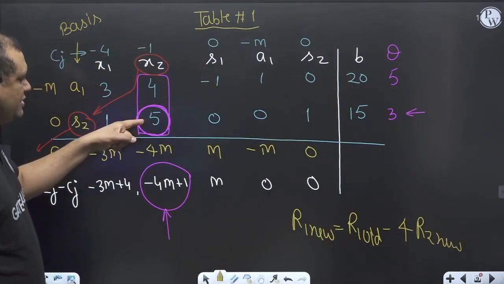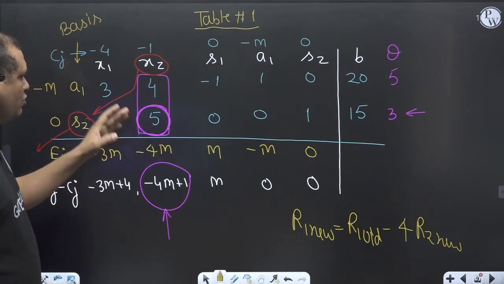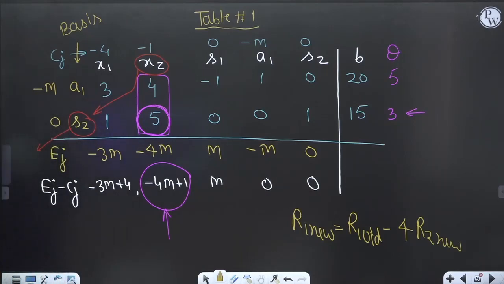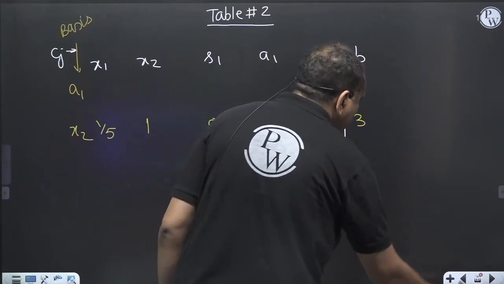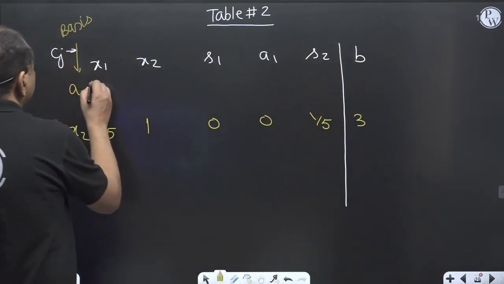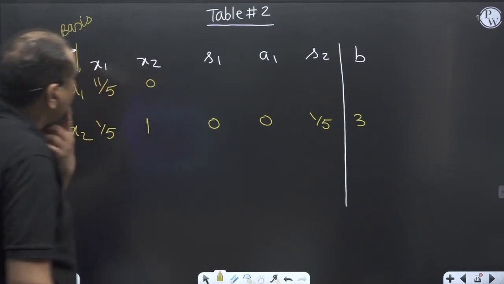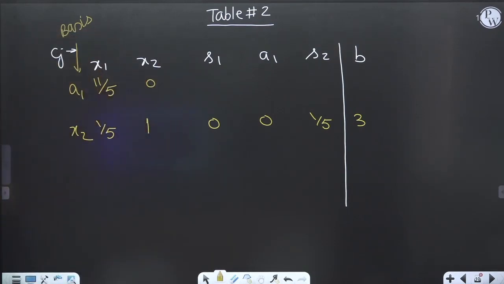At the new place it is 1. So if you apply this operation in the first row, giving you 10 seconds, can you give me the answer? Eleven by 5, 0.